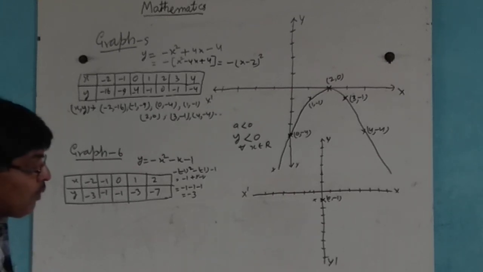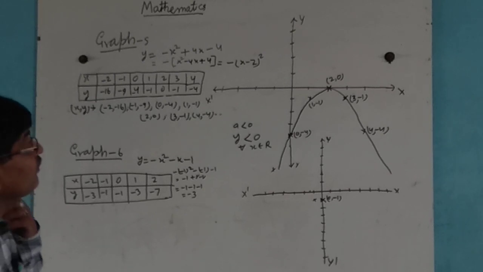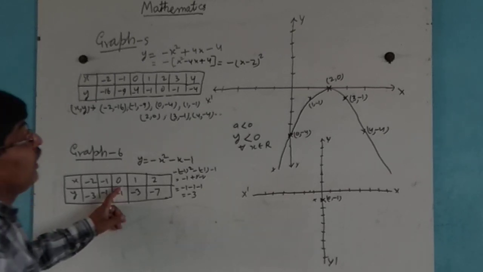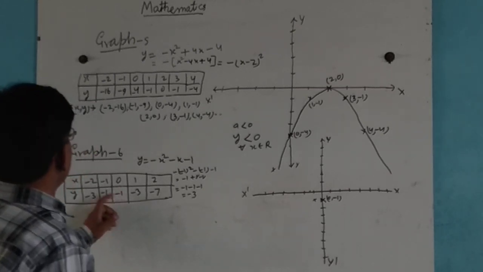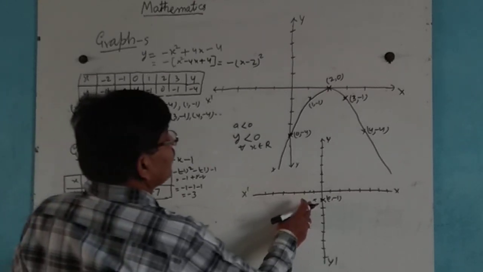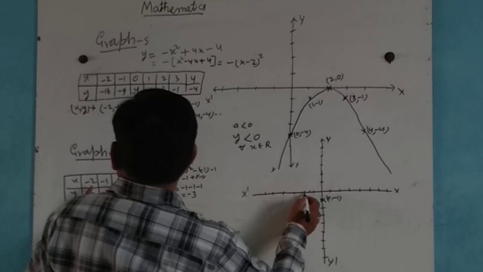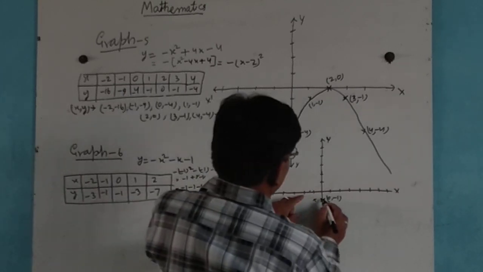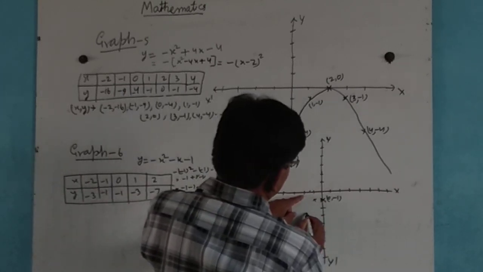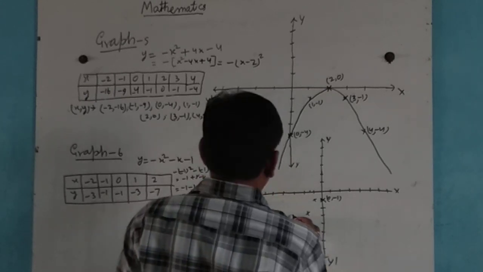Now x is equal to minus 2, that is minus 3. It means that it comes here, minus 2, minus 3.